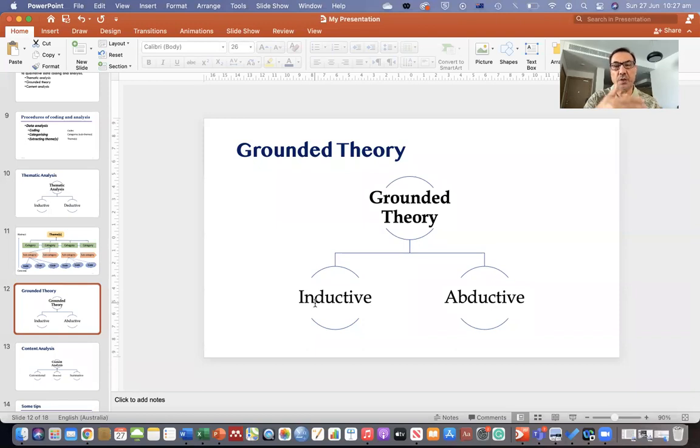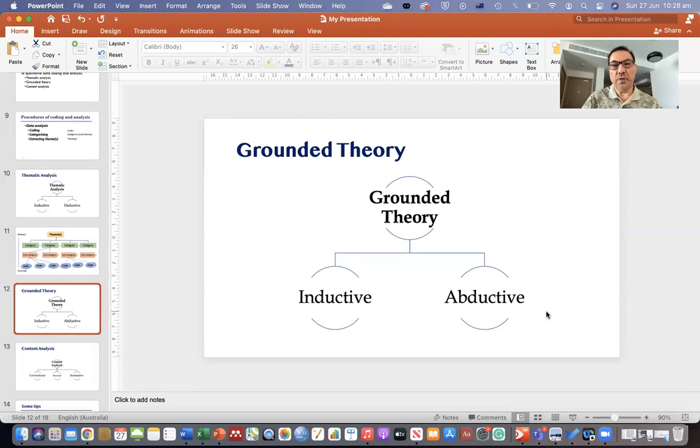This procedure continues based on constant comparative analysis and comparison between the data and the inferences that you are going to make and themes that you are going to extract. This is why in the inductive approach to grounded theory, two key concepts, theoretical sampling and data saturation, are usually used, which means that you continue collecting data until the new data does not give you any further information.